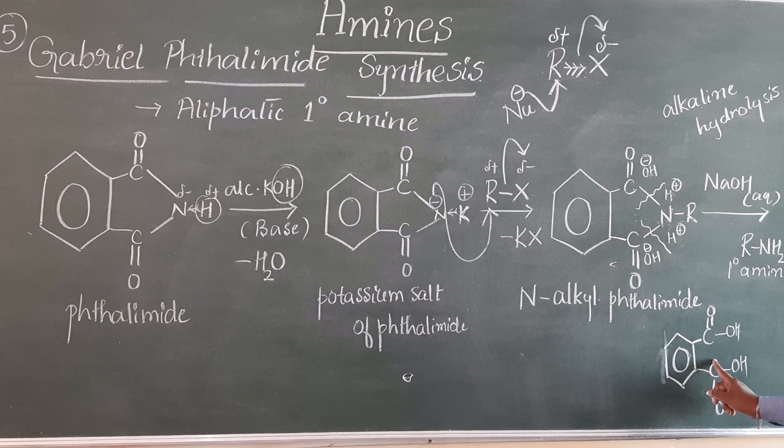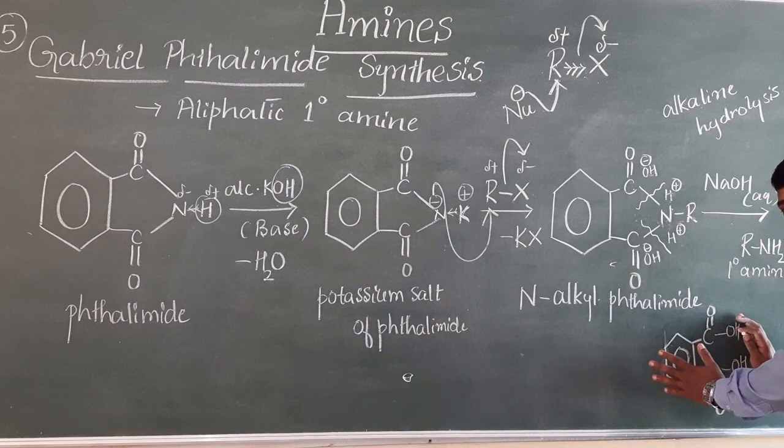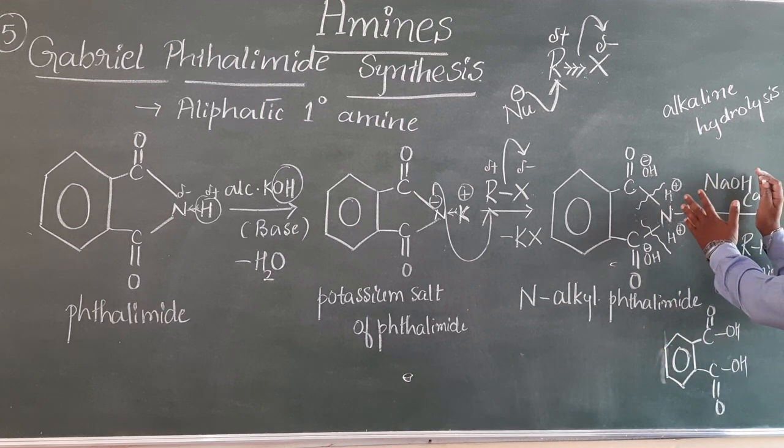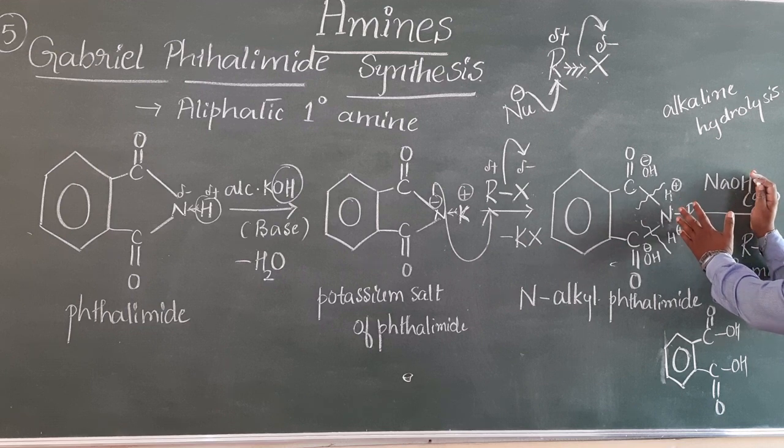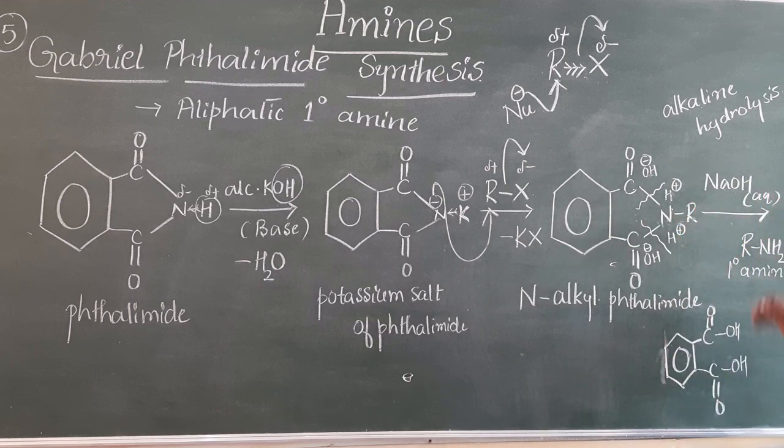Phthalic acid is acidic. We are adding a base, correct? Which one? Sodium hydroxide. The reaction is occurring in an alkaline or basic medium, so the formed acid readily reacts with the base. Again an acid-base reaction takes place. This acid readily loses H plus, and the base liberates OH minus.